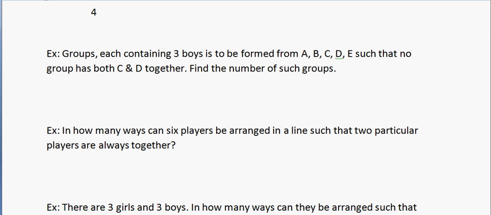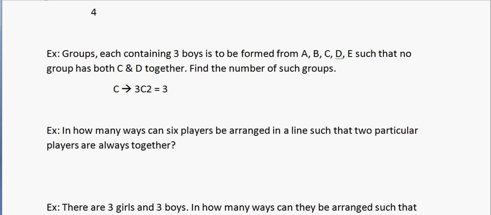Now C and D such that no group has C and D together. There are a few methods which we can use, right? Firstly, let's see the basic method of counting. Let's say a group has C always, which means the other two members would be from A, B and E, which can be done in 3C2, which is equal to 3 ways, right?